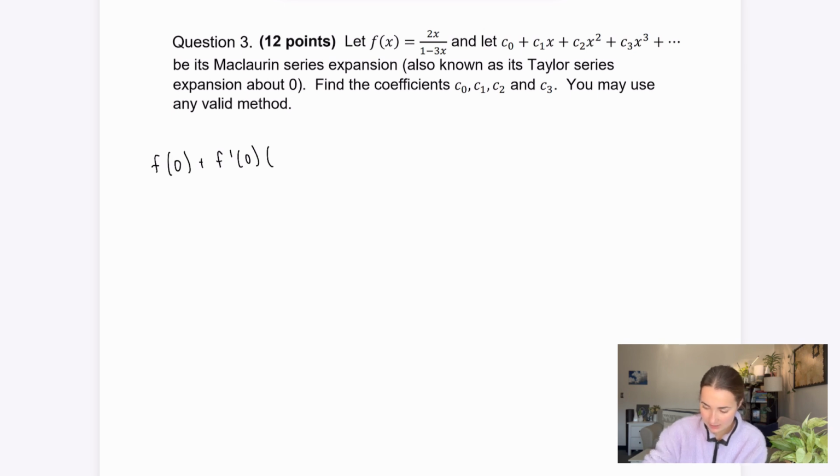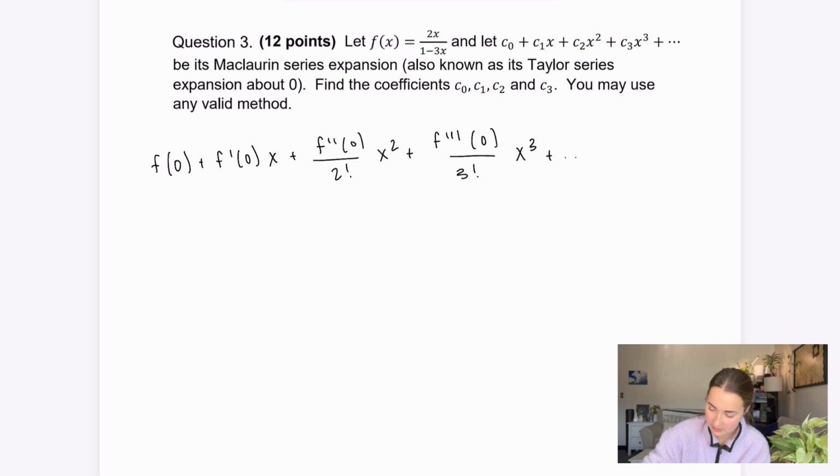So I'm just going to write times x plus the second derivative evaluated at 0 over 2 factorial times x squared plus the third derivative evaluated at 0 over 3 factorial x cubed plus dot dot dot. That's going to help us find our first values. One way you can do this is straight up by finding all the derivatives and plugging in x equals 0.